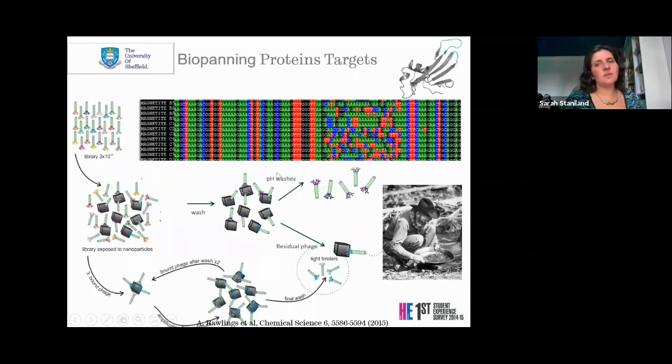Okay, so the last thing I want to talk about in this particular section is another approach to forming particles. We can understand biology, and that's what we've done by looking at those biomineralization proteins, but we could also just screen a huge range of sequences, and that is the biopanning approach.